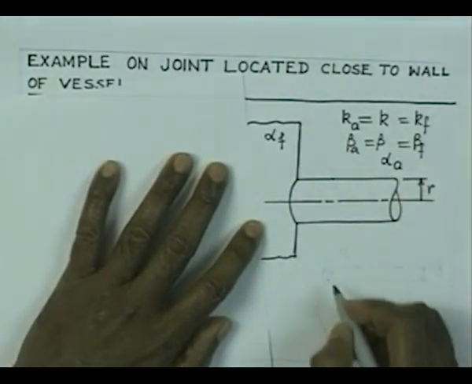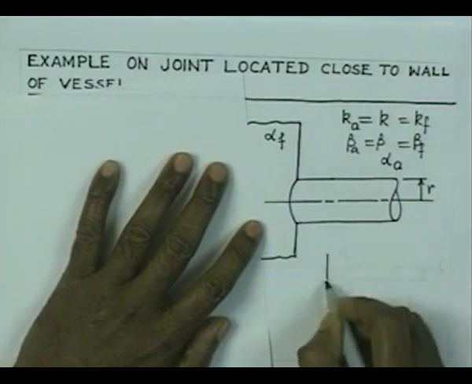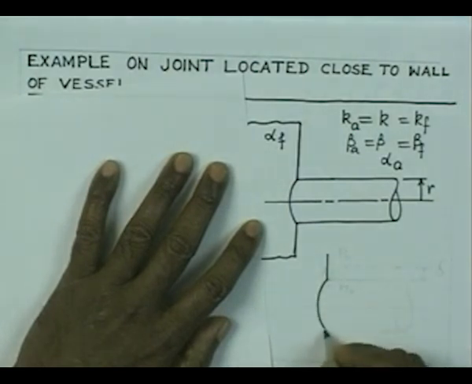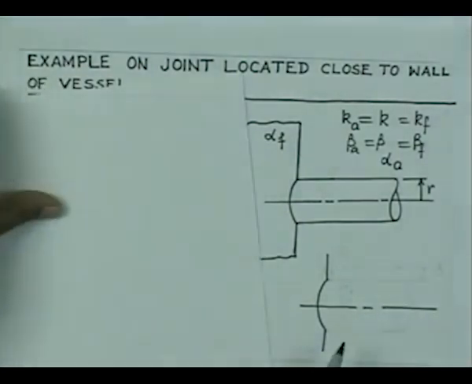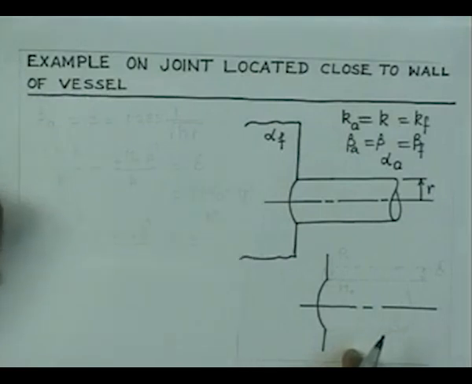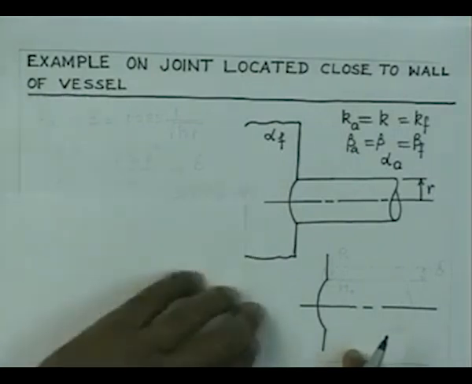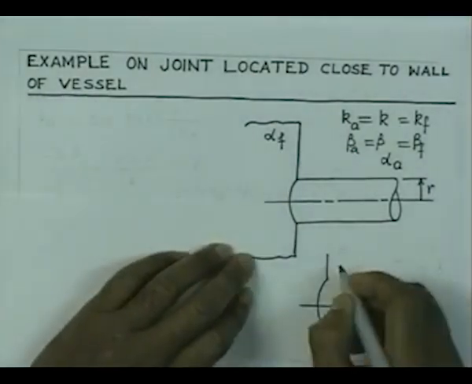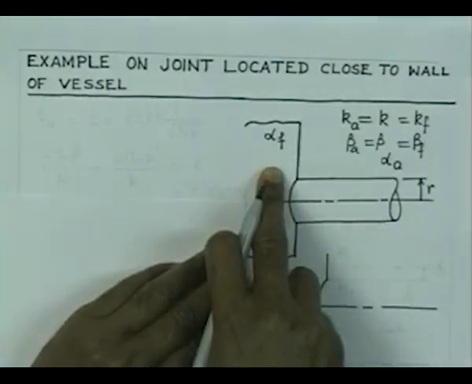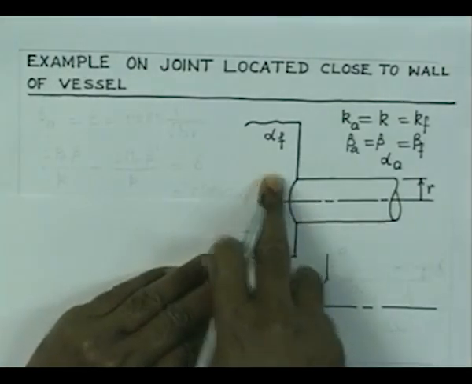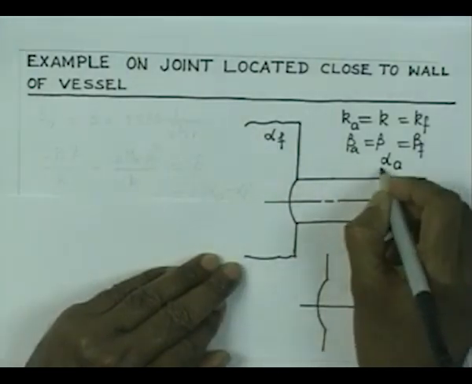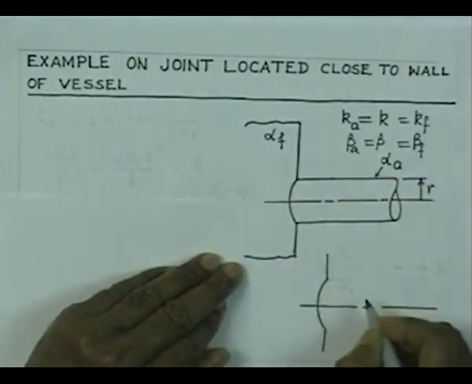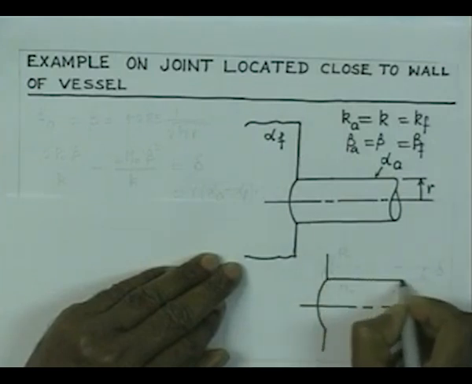So, if this is the vessel portion, you will find that there will be some mismatch in the expansion itself, because the ferritic steel is going to expand less than the austenitic part. So, this is the austenitic part, and therefore there is going to be a mismatch.